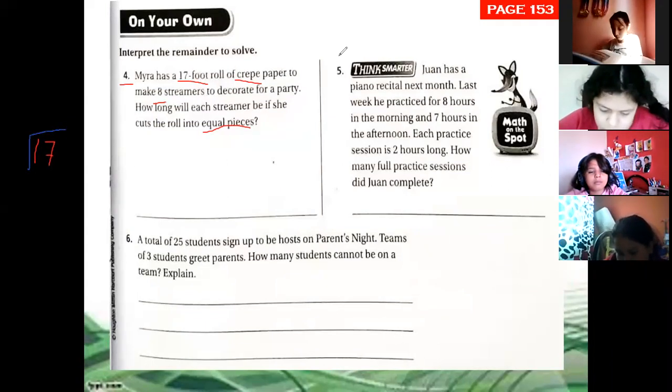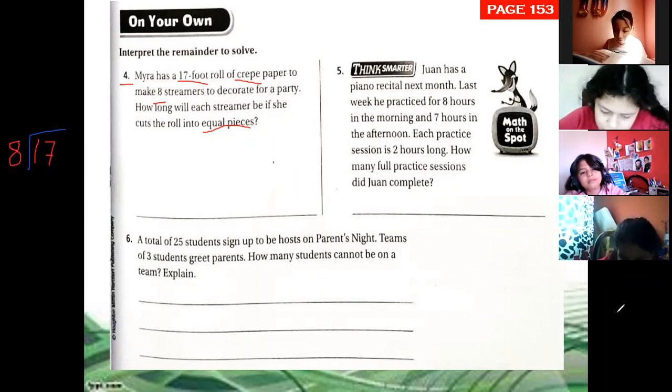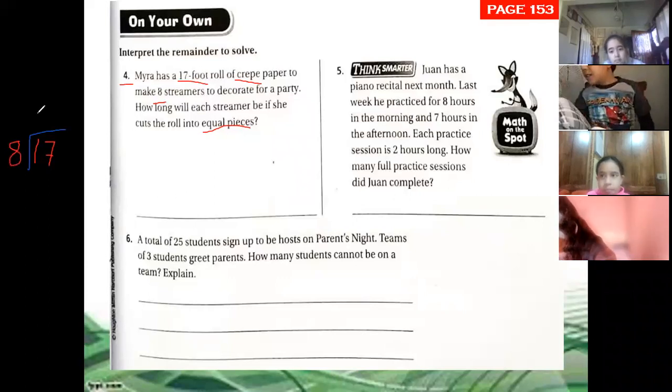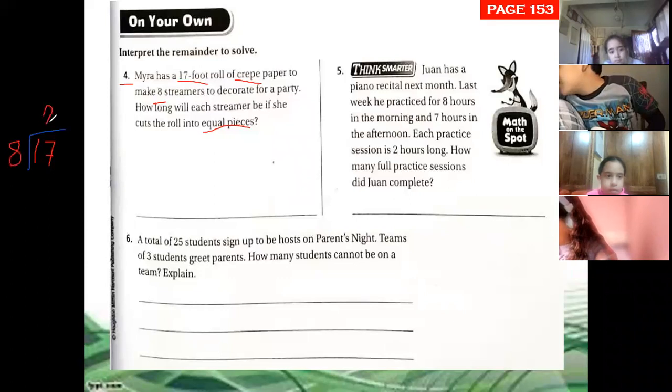How many streamers does she want to make? 8. Yes, she wants to make 8. Now, table of 8, let's look for the 17. 8 times 2 equals 16.